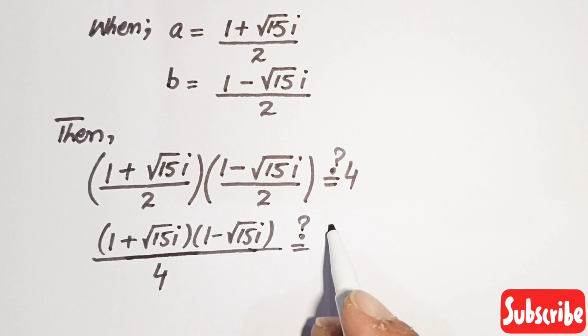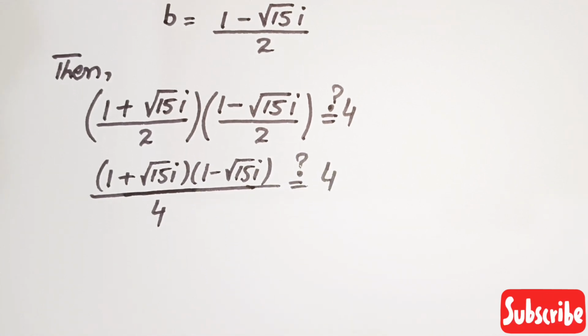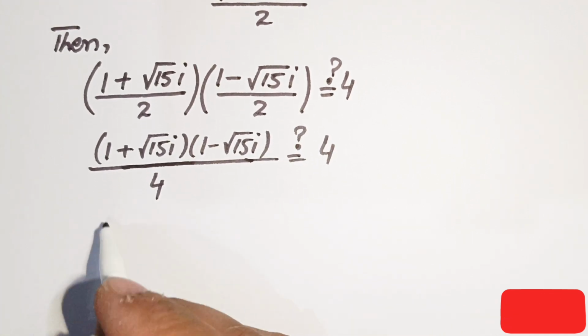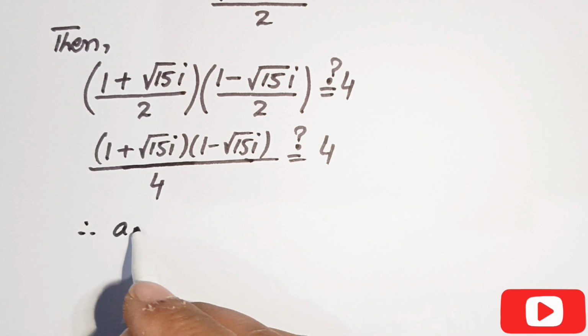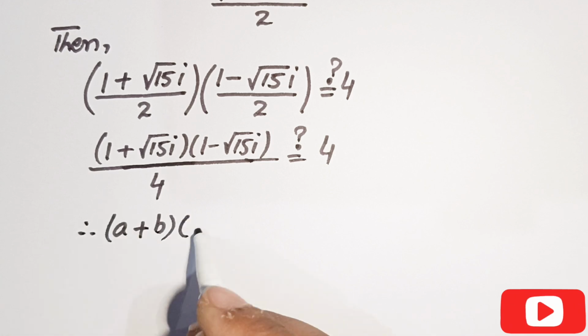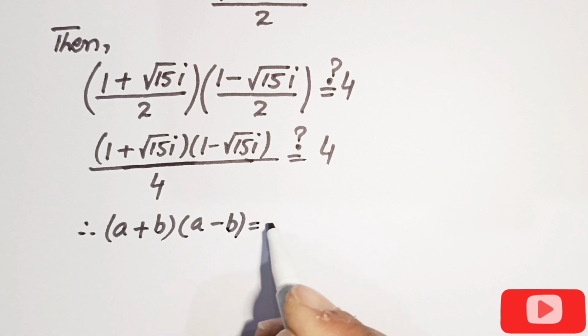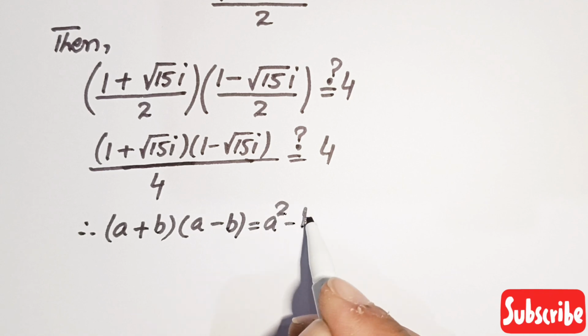We can use the formula a plus b times a minus b is equal to a squared minus b squared.